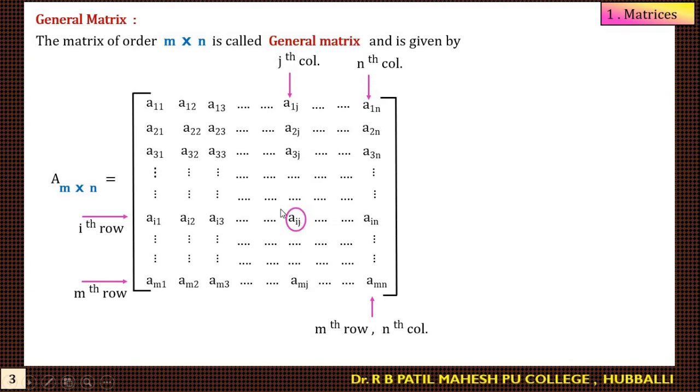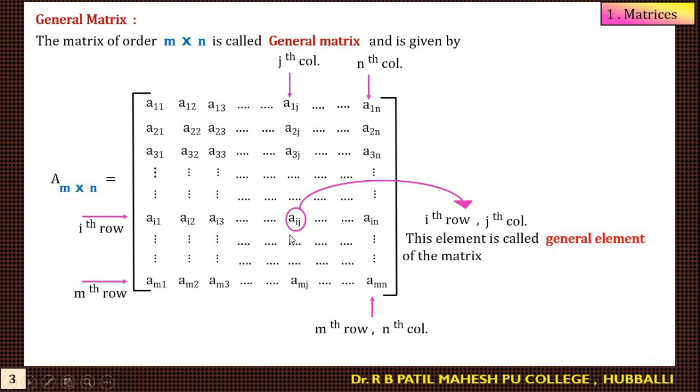And this Aij is the ith row and jth column element, and this element is called the general element of the matrix.